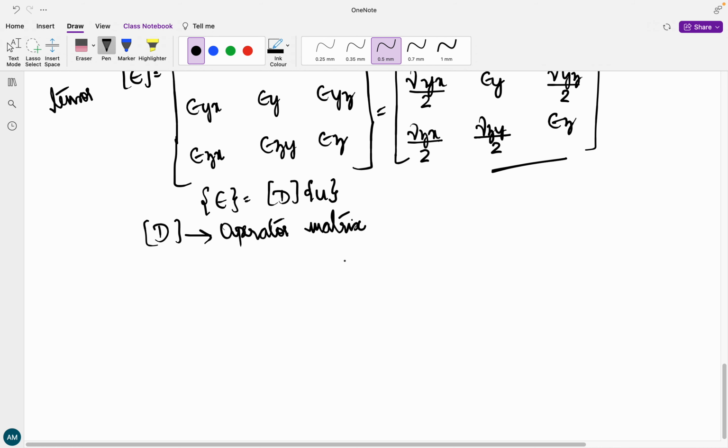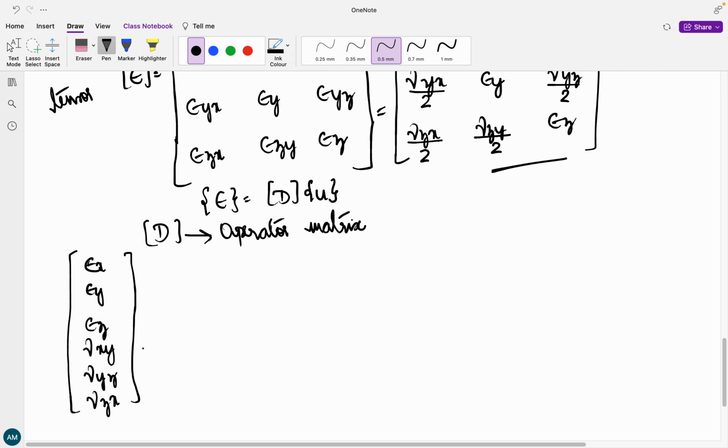So I can rewrite it in terms of the operator matrix as epsilon x, epsilon y, epsilon z, gamma xy, gamma yz, gamma zx.